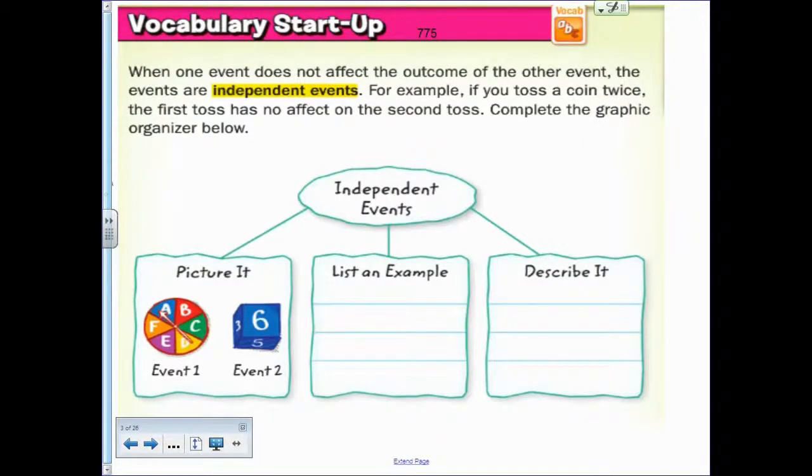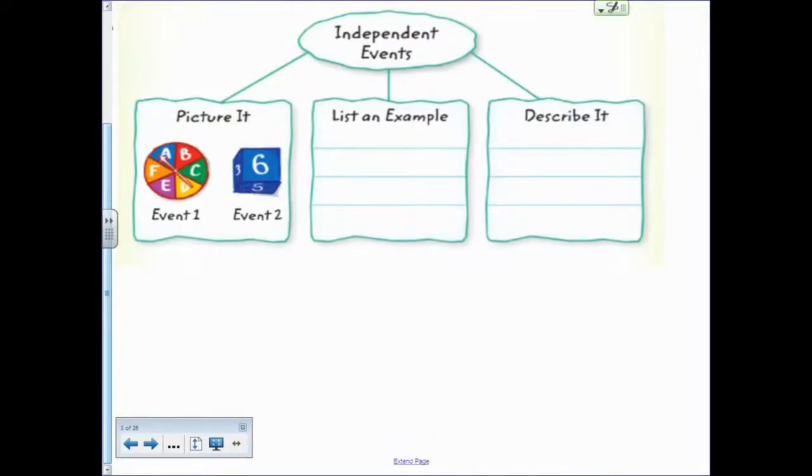Independent events. Picture it. What do we see here in the picture? That is their example of an independent event. Well, I can say that is spinning a spinner and rolling a number cube.